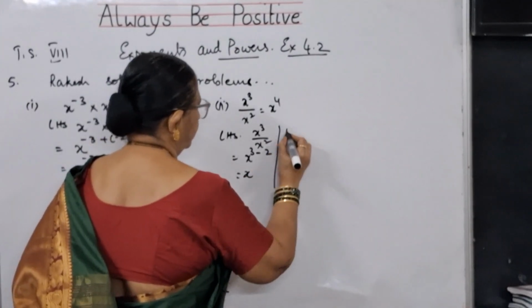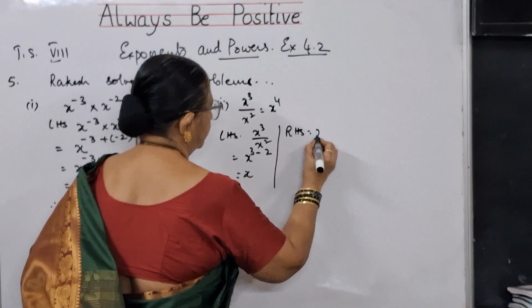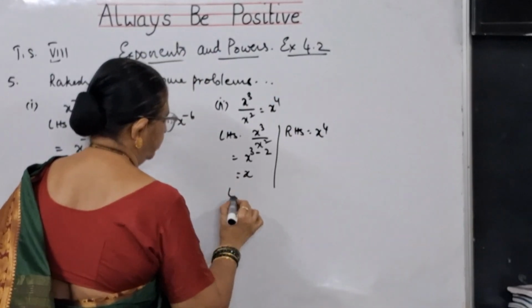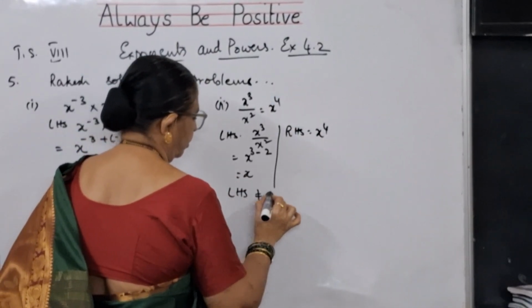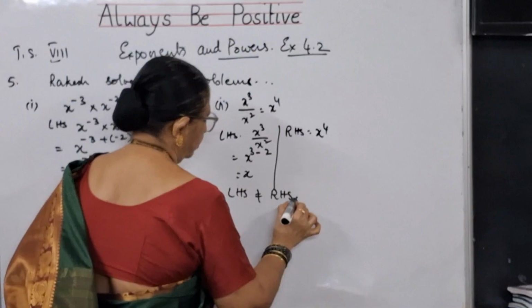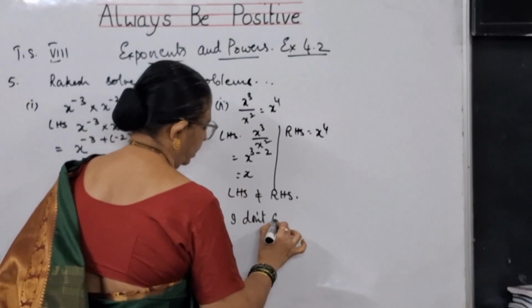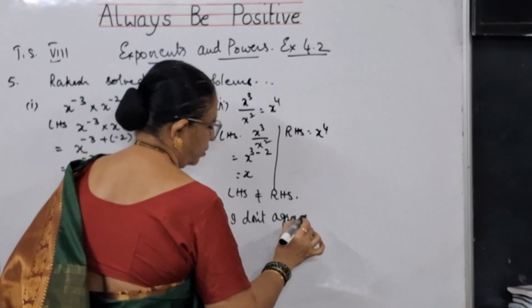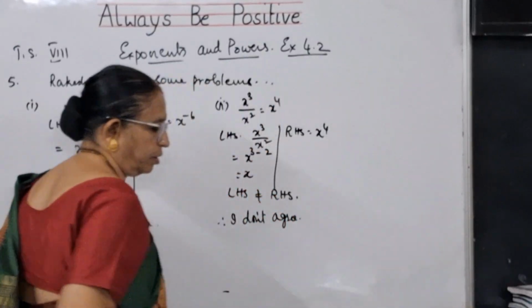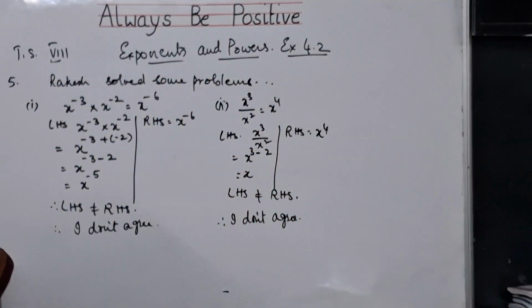But what is RHS? RHS is x to the power of 4. That means LHS is not equal to RHS. Therefore, I don't agree. So write down these two bits. Remaining I will be doing.